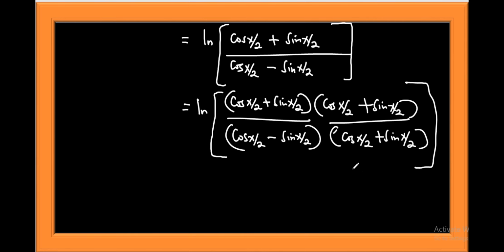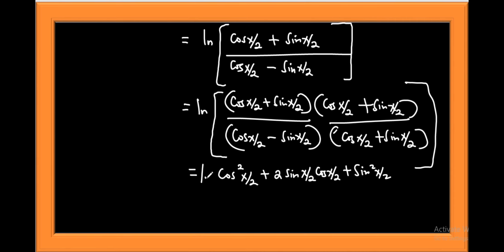So when you look at that, the upper part clearly tells us that this by this will be one of the brackets but squared, which gives us cos squared of x out of 2 plus 2 sin x out of 2 cos x out of 2, then plus sin squared x out of 2. Then the denominator is the difference of two squares.